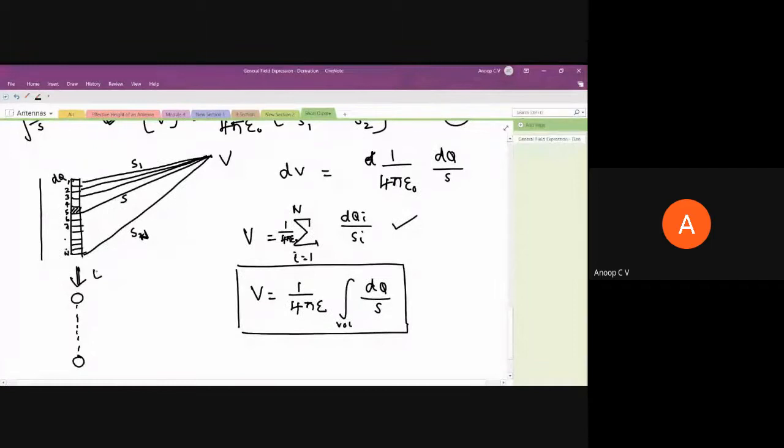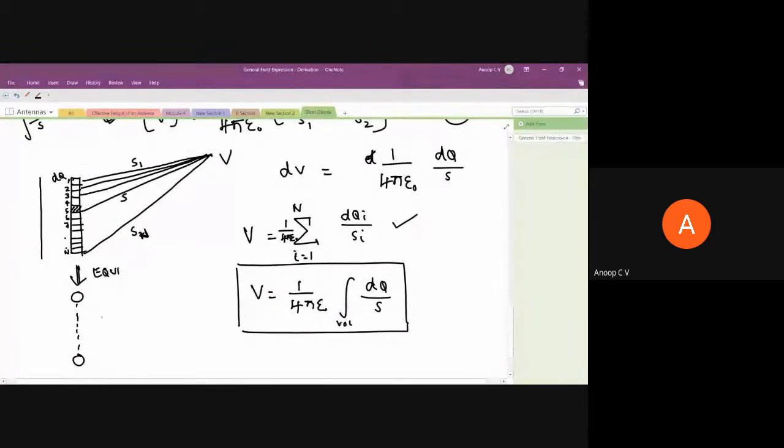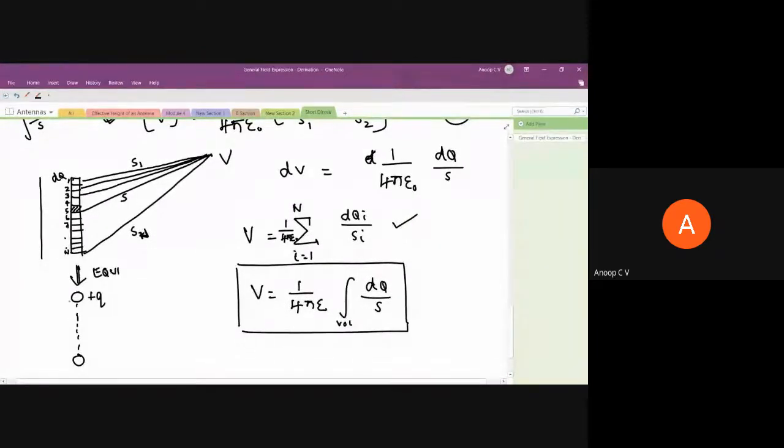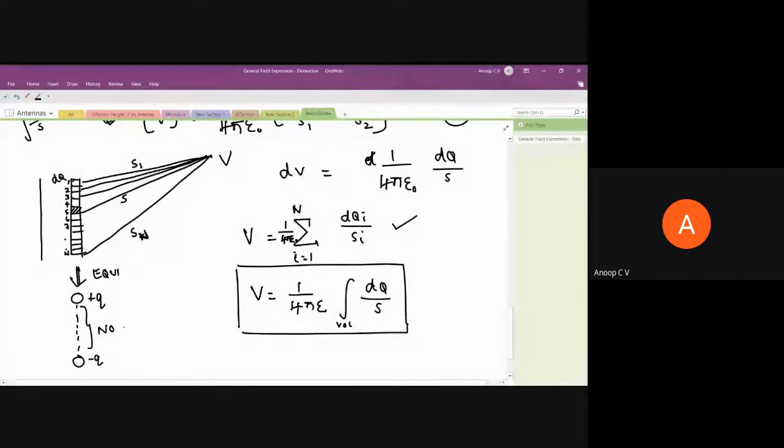I can write the equivalent representation like this. I told you in the first class itself. In this equivalent representation, I can assume the entire charge is concentrated in the first and last segment. No charge in between.